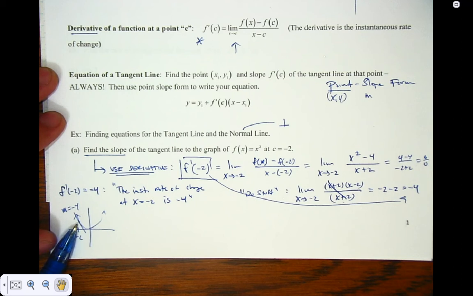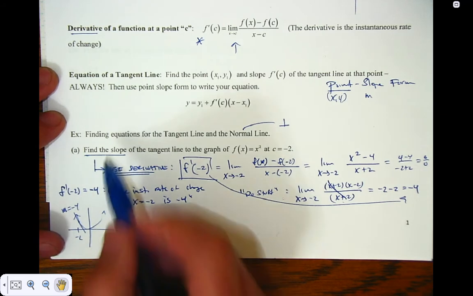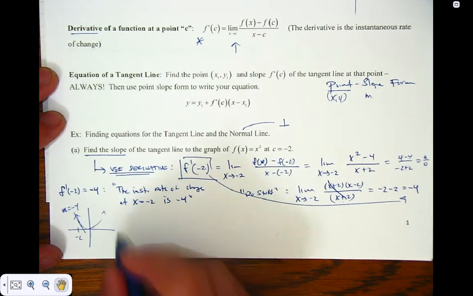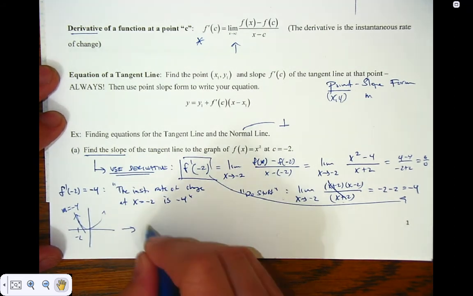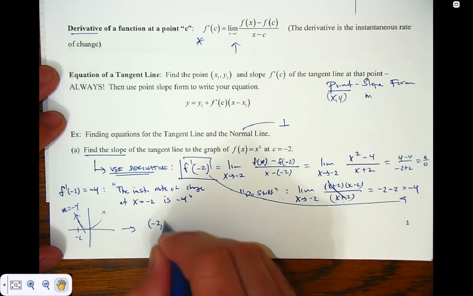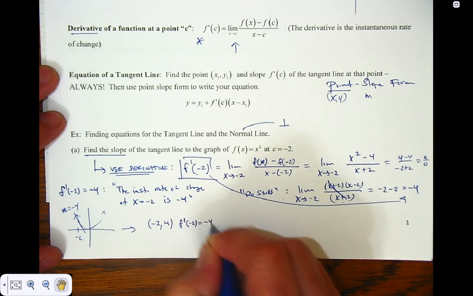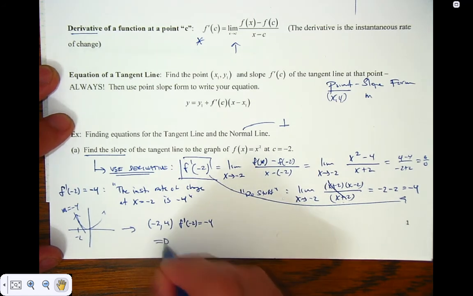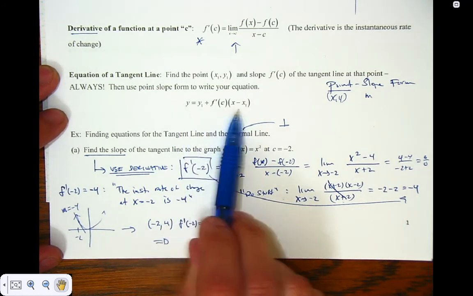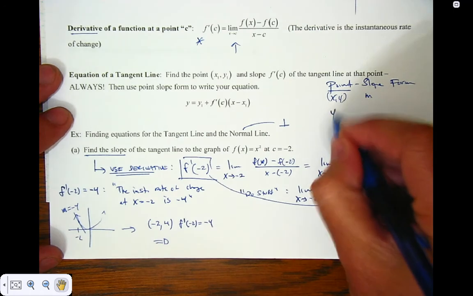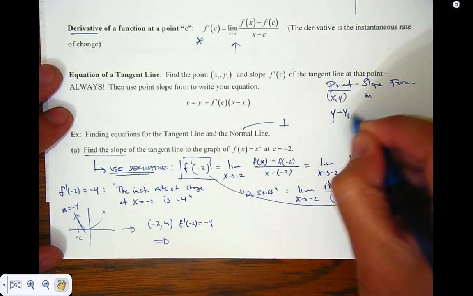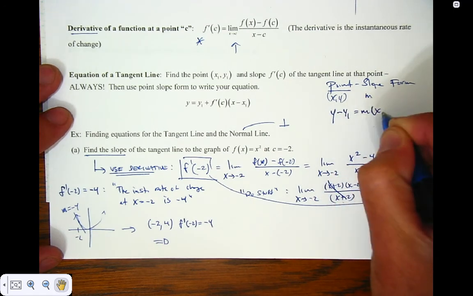Because we only have one point, we use this limit process to get the slope of that tangent line. And so if you want an equation of a line, right, you have a point, -2, 4. You have a slope, f prime at -2 is equal to -4. And with that, you can write your tangent line right up here. Okay, point slope form. You guys might remember it as y minus y1 equals m times x minus x1.